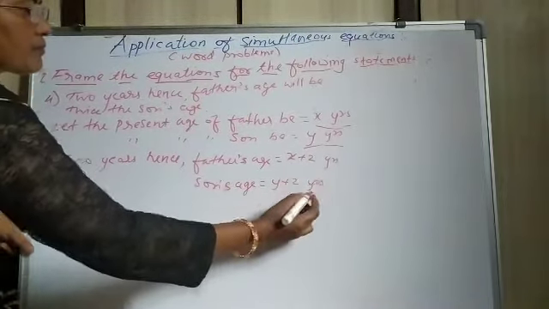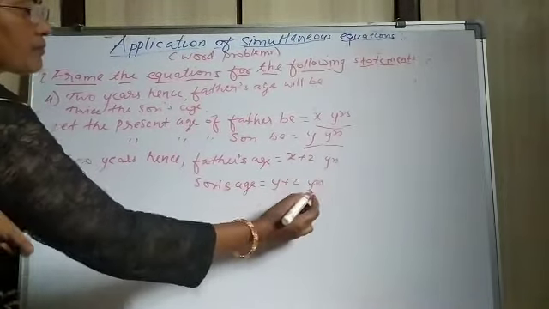Now as per the given condition, 2 years hence father's age will be twice the son's age. After 2 years their ages you have to compare. After 2 years father's age x plus 2 will be twice the son's age, that is y plus 2.